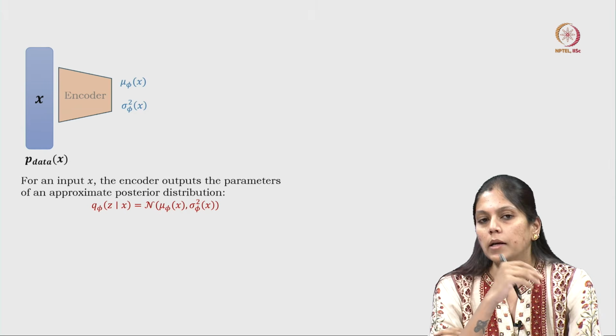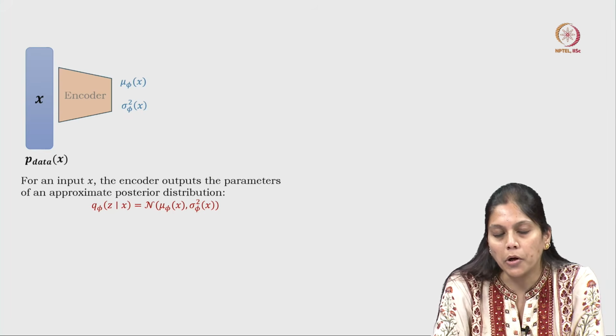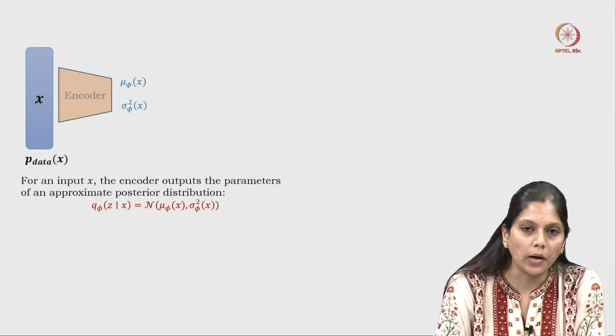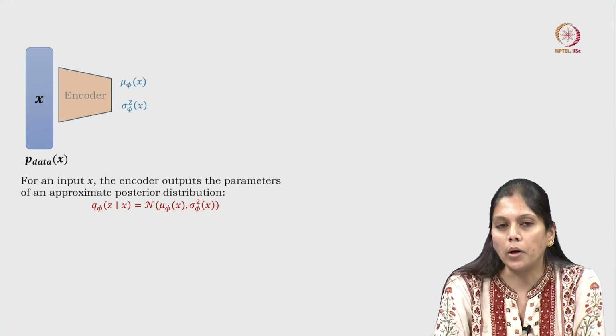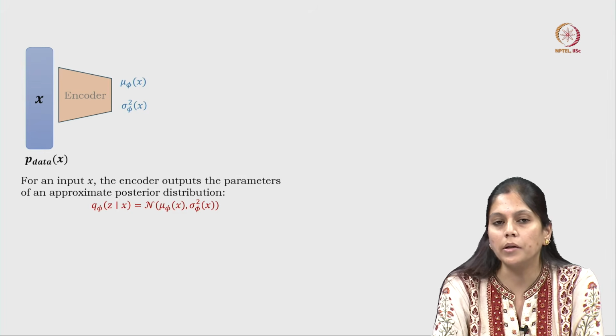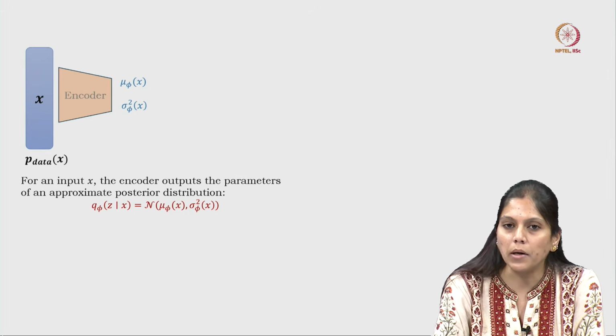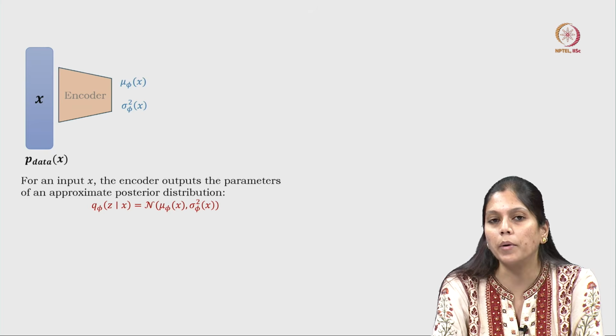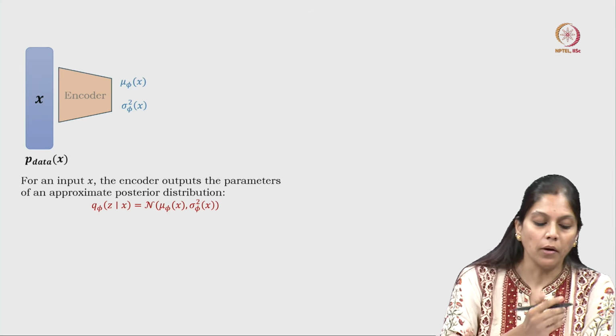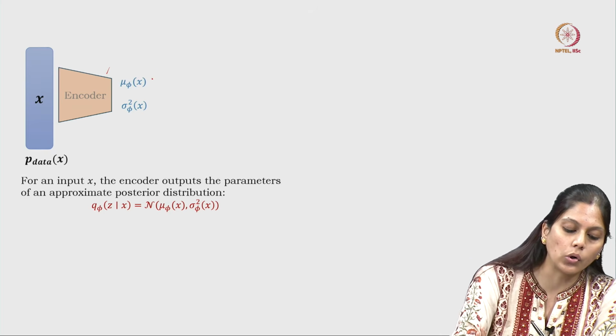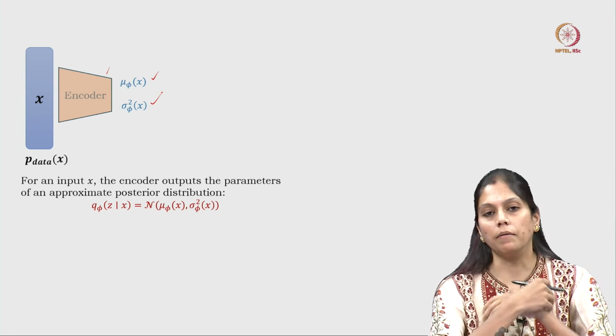What is seen here? There is an input. When the input is passed to an encoder, what does the encoder give us? The encoder outputs the parameters of an appropriate posterior distribution, which means the encoder is going to give us the mean and the variance.